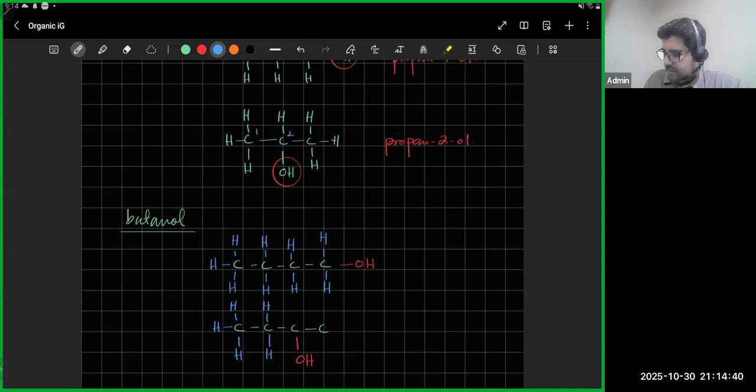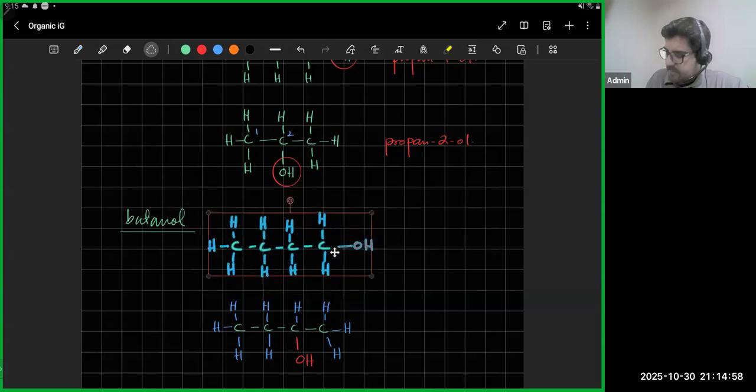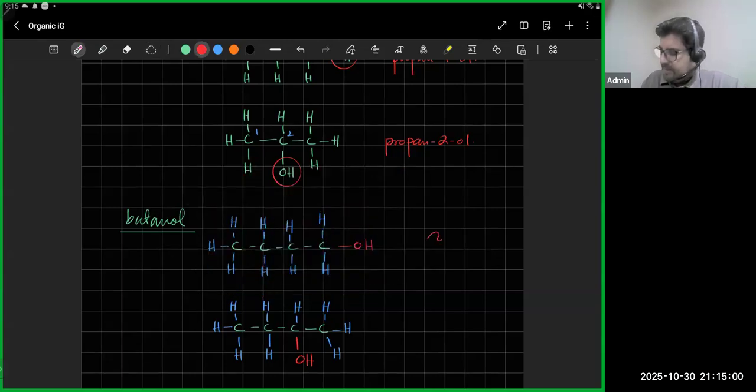Okay, and these are all the H's. Every carbon atom should be making how many bonds? It should be making 4 bonds. Let me just create some distance between them. So this one is butane 1-ol, and this one is butane 2-ol.